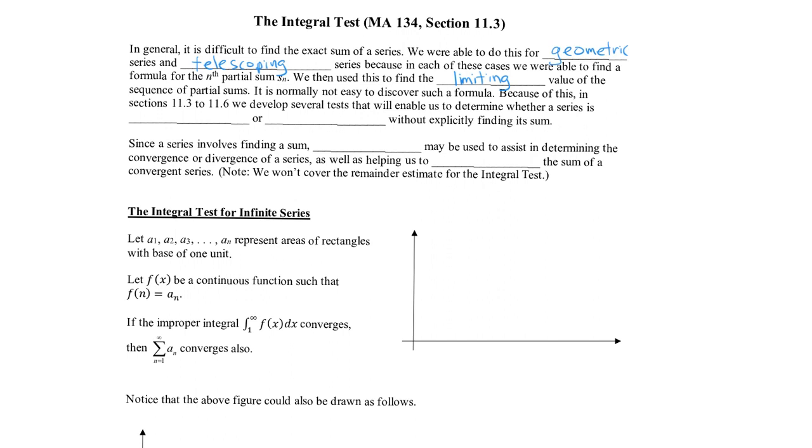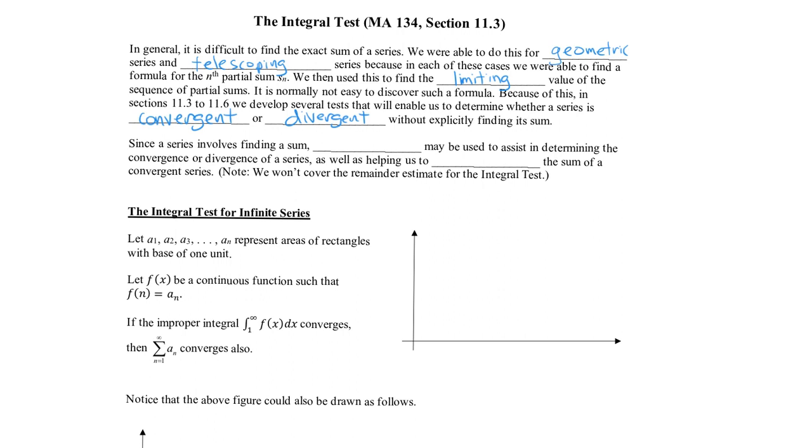Because of this, in sections 11.3 to 11.6, we developed several tests that will enable us to determine whether a series is convergent or divergent without explicitly finding its sum. So typically, we'll just be able to determine whether or not a series converges or diverges, but we won't be able to find its sum.